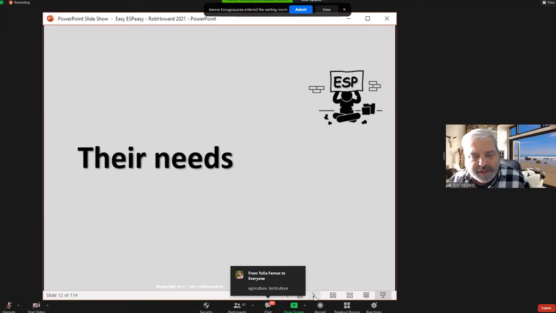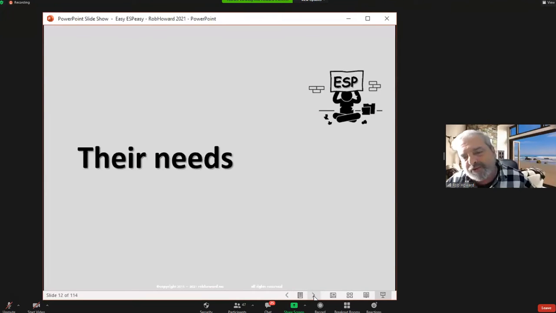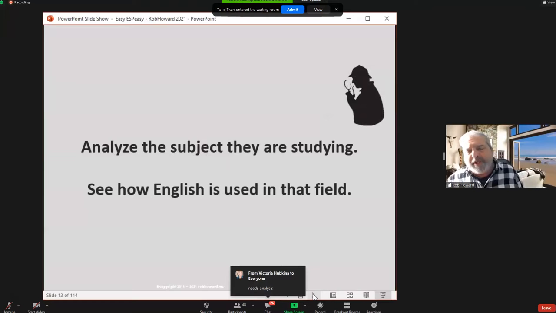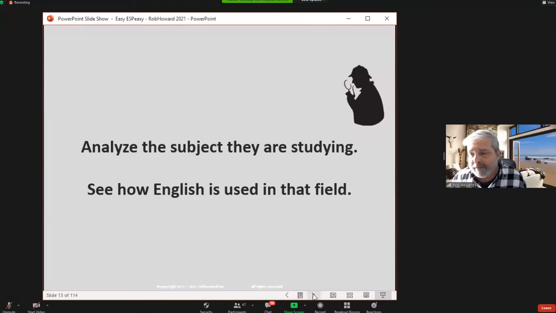And the thing that we need to do when we're teaching ESP, of course, is we need to look at their needs. And this is the most important thing that we have to do. And this comes with the needs analysis. I won't tell you how to do it. That's a whole other talk. But what we need to do is analyze the subject that they're studying for and see how English is used within that field, because this can be different from field to field.